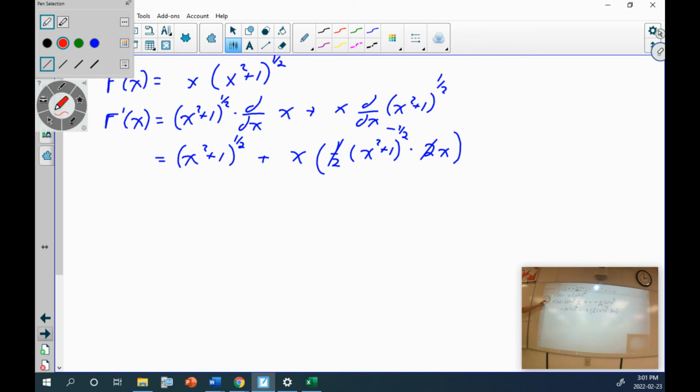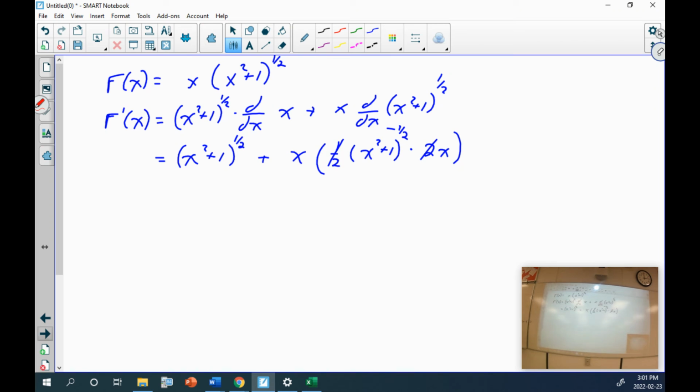Dylan, do you see something that I could take out as a common factor that would make my life a little easier to simplify this? x squared plus 1 to the negative 1/2. I take out x squared plus 1 to the negative 1/2. This becomes x squared plus 1.